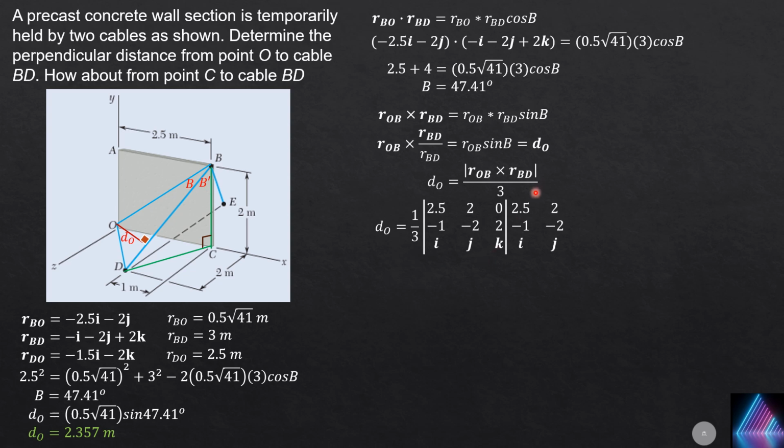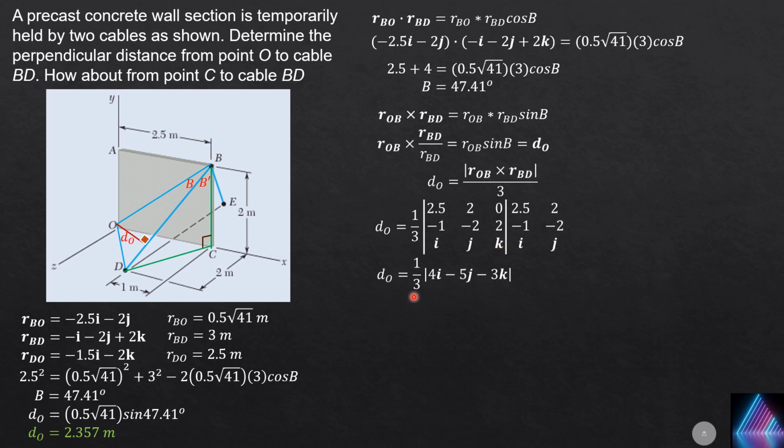Then unit vectors, copy the first two column elements, then expand. 2 times 2i, 4i minus 0, so 4i. Then in j, 0 minus 2 times 2.5, so 5j. Then for k, negative 5k minus negative 2, so negative 3k. So again, 4i minus 5j minus 3k. So that's the result of this cross product.